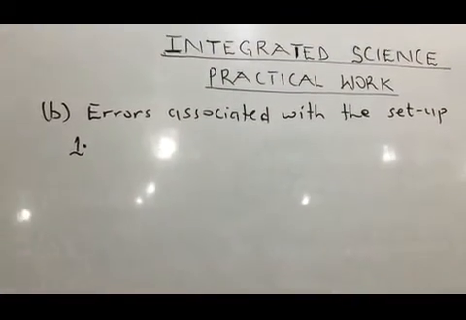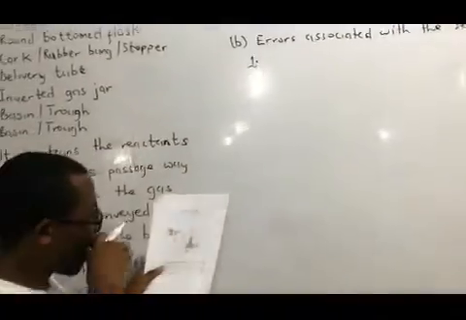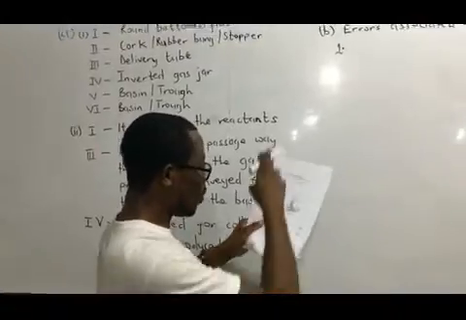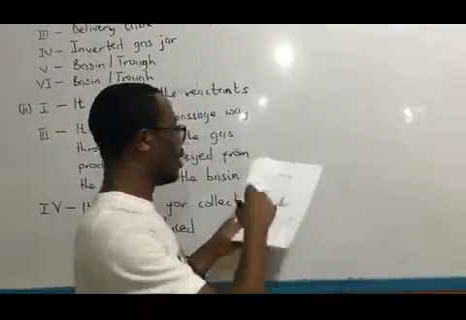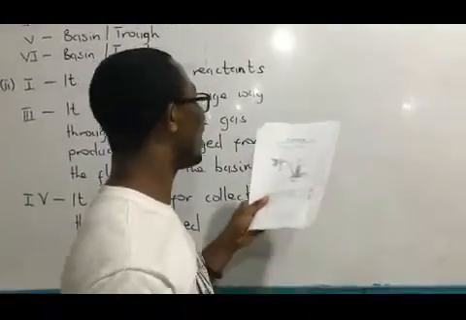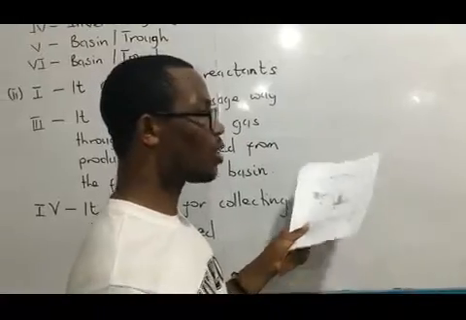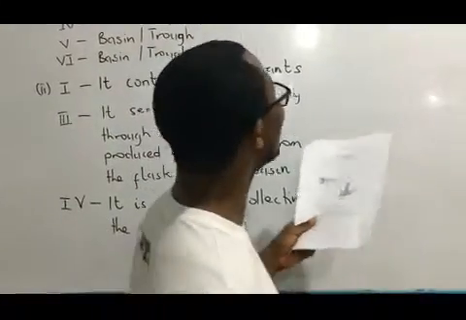If you look at the diagram, one clear error is this: the round bottom flask is not held in position. There should be a retort stand and a clamp to hold the round bottom flask firmly in position. But there is no retort stand and clamp, so the flask can easily fall. That is one source of error.